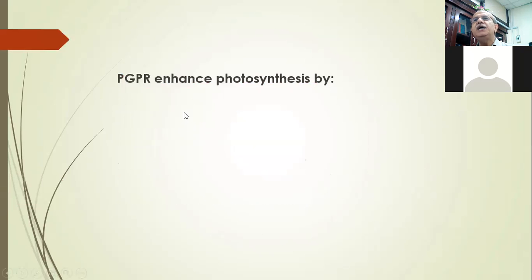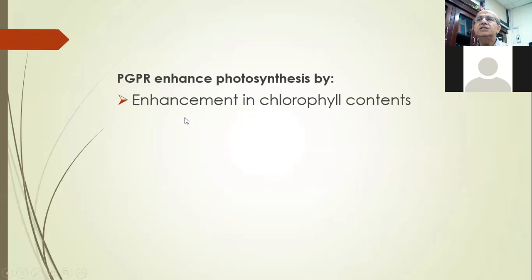So how can PGPR enhance photosynthesis? They can enhance photosynthesis by enhancement in chlorophyll content. Chlorophyll content is directly related with photosynthesis. The more the chlorophyll content, the more the photosynthesis.